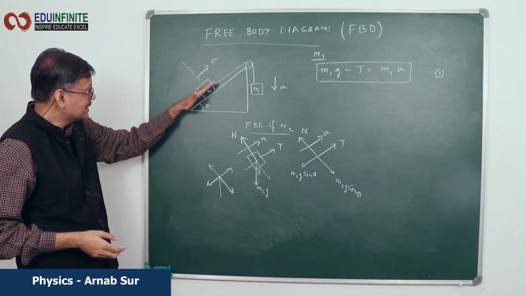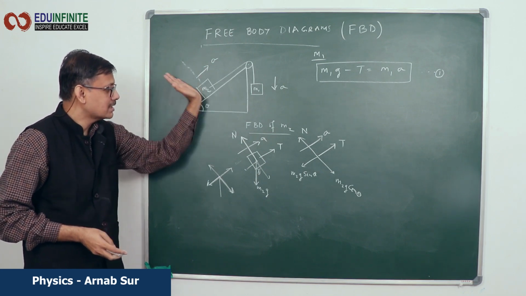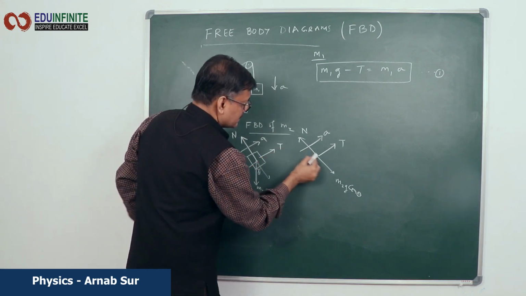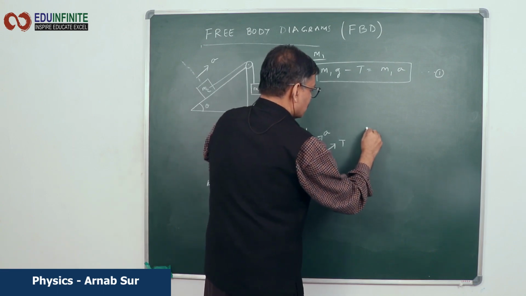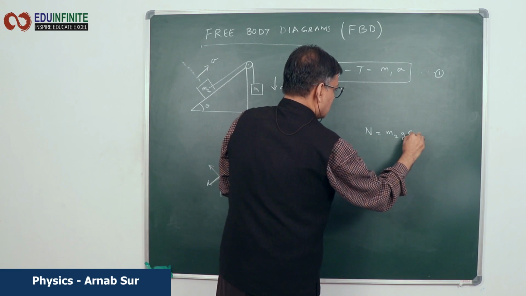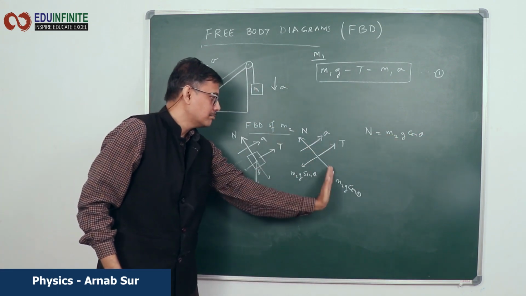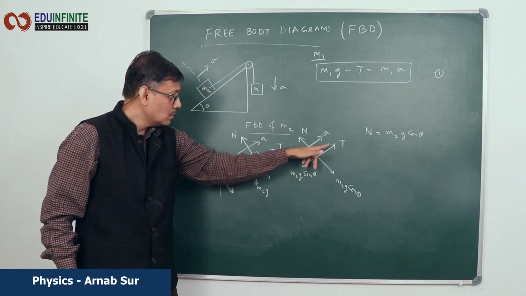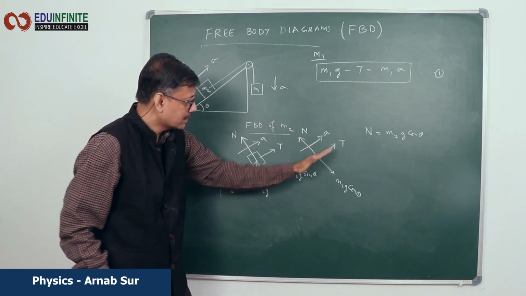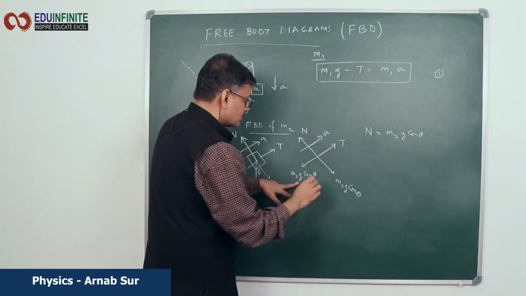If you check, the acceleration is only along the incline. So perpendicular to the incline, there is no acceleration. So these two components must be equal and opposite. So my equation will be N is equal to m2g cos theta, because there is no acceleration perpendicular to the incline. There is only acceleration parallel to the incline. So because there is acceleration in the upward direction, this force must be greater than this force.